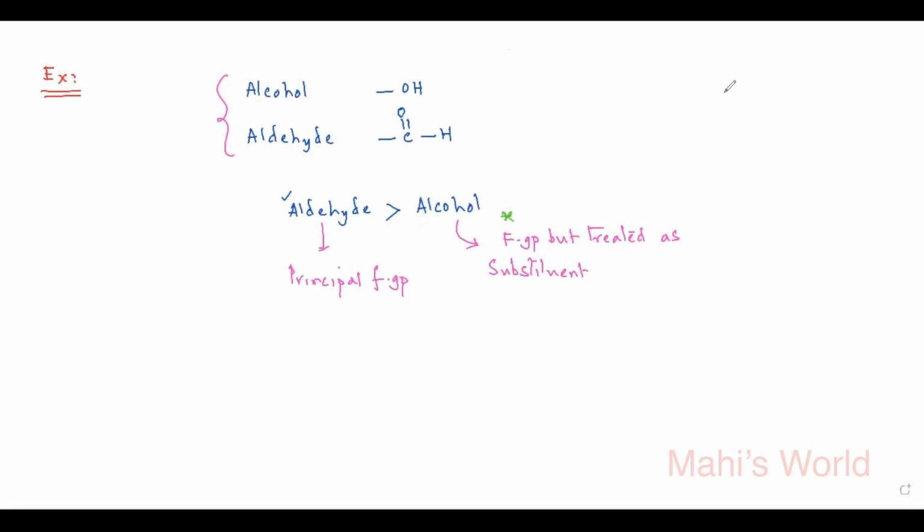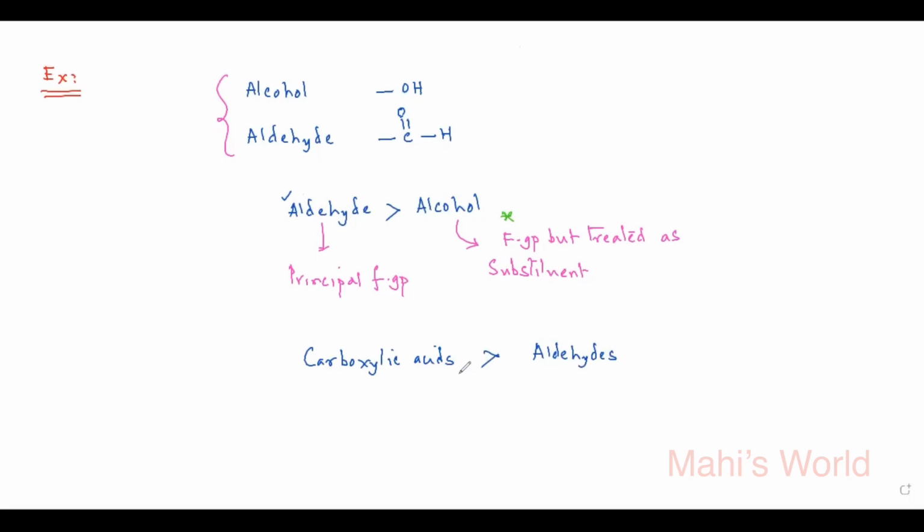If some other functional group having greater priority than aldehyde comes into picture, then of course, I'll give you one more also. Let me tell you. There are carboxylic acids having more priority than the aldehydes. Look at this.